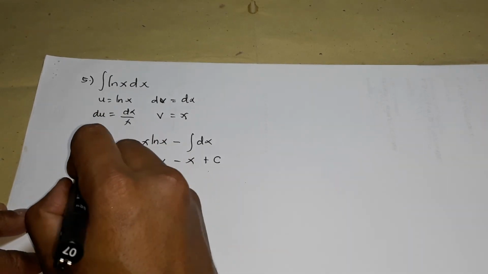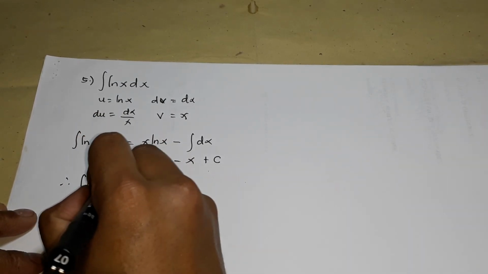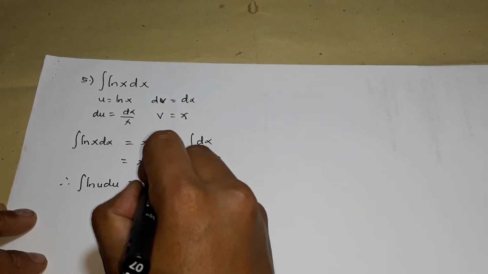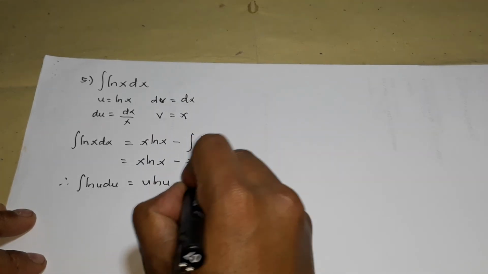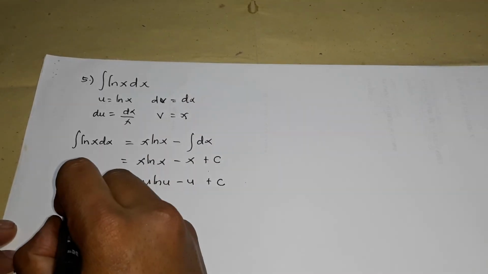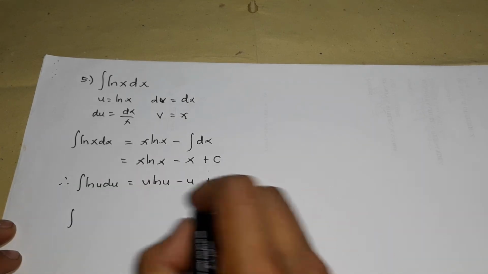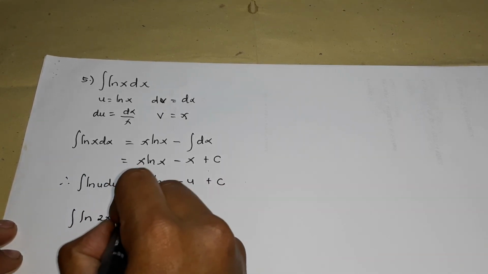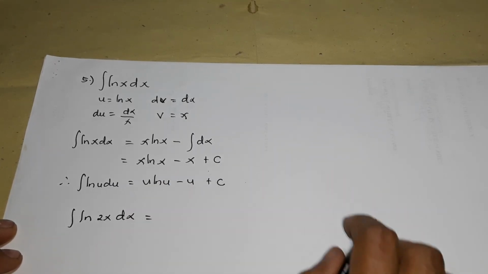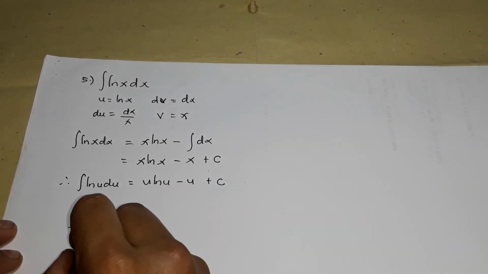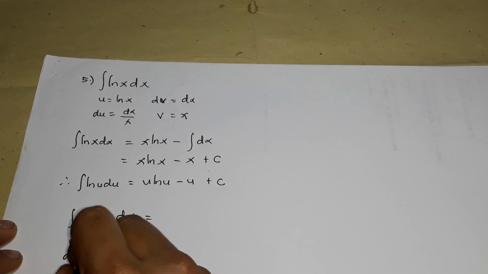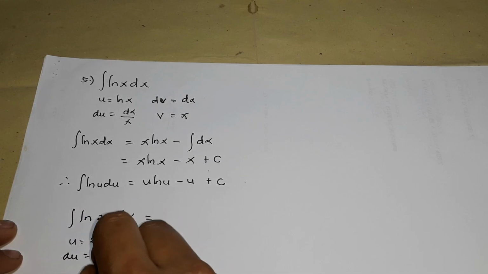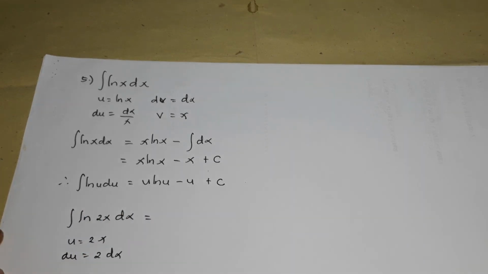So technically, if you have the integral of ln u du, then you can just say it's u ln u minus u plus c. Taking this as an example, you have the integral of ln 2x dx. If we let u be equal to 2x, then du is 2 dx. So this is dx alone.